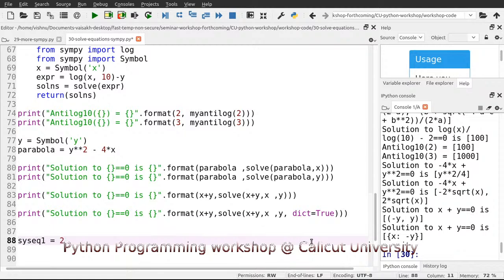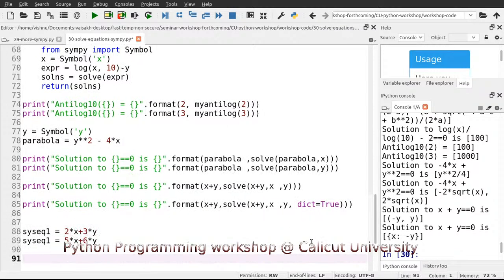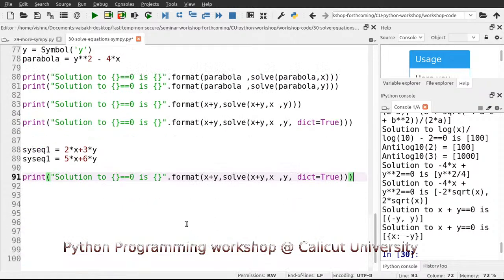Suppose we put 2x plus 3y equal to 0, 5x plus 6y. I think this is solvable because, yeah, they are not multiples of each other, so it must be solvable. So let us solve. Solution 2.